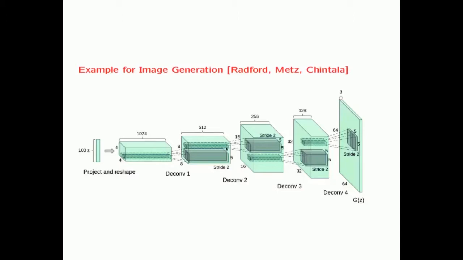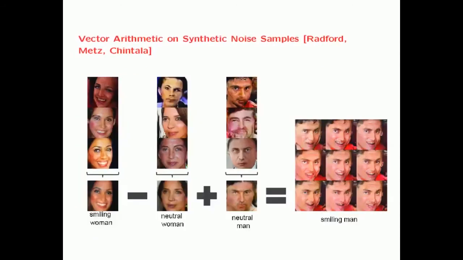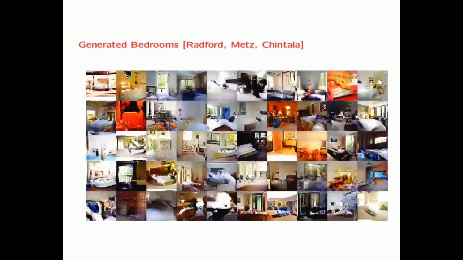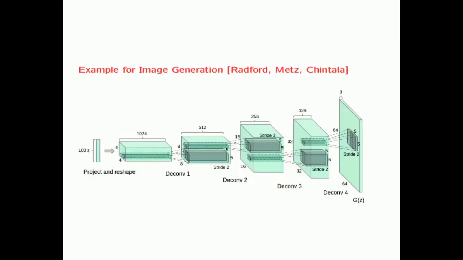You take all these 100-dimensional inputs which correspond to the smiling woman, and similarly you take all the 100-dimensional inputs in your generated data which correspond to the neutral woman, and similarly you store all the synthetic inputs which correspond to a neutral man, and you average them out. So you have an average of the 100-dimensional synthetic sample for a smiling woman, for a neutral woman, and for a neutral man. Note that you are averaging here over the inputs, not over the outputs.